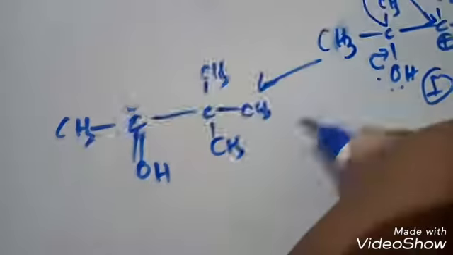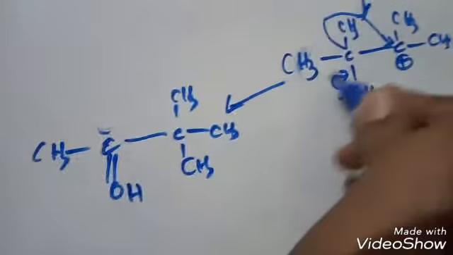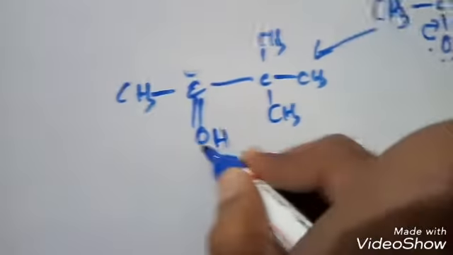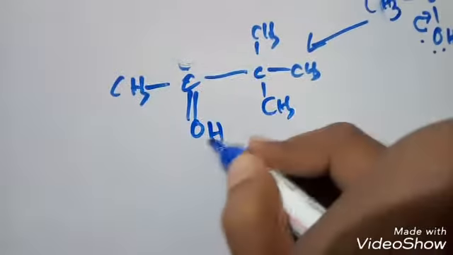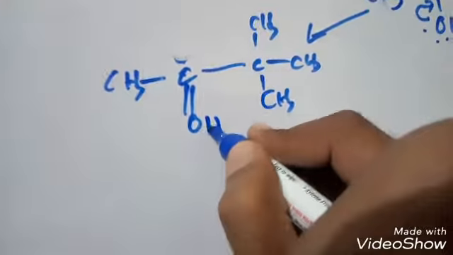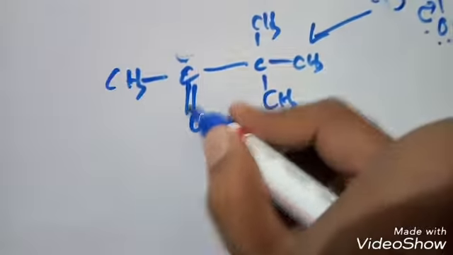there is no carbocation. This is a stable compound, but it is not that stable. You see here the valency of oxygen is 3, this OH and these 2 bonds, so this is somewhat unstable.